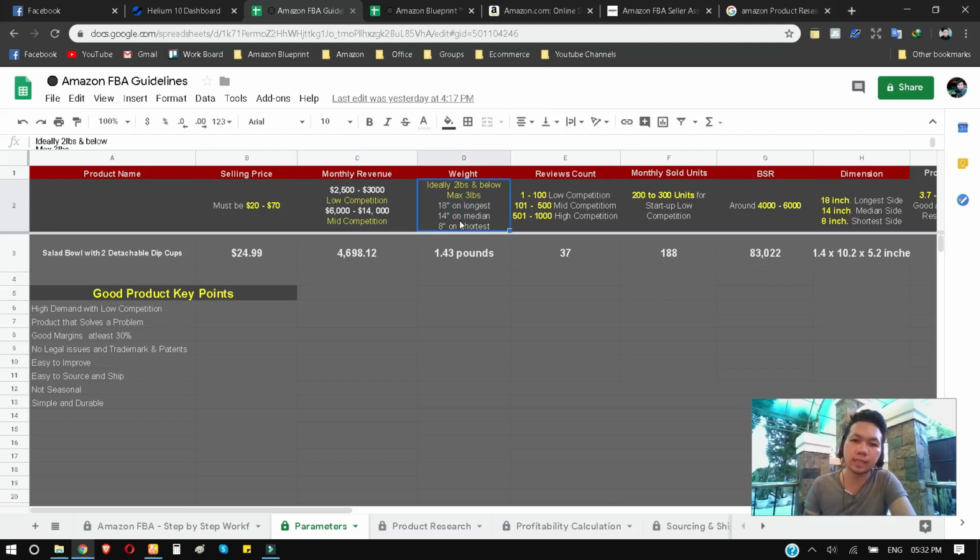Now, the weight is ideally 2 pounds and below, or max na ang 3 pounds. The main reason is the more na mas mabigat yung item mo, the more na mas malaki yung mababayaran mo sa bodega ng Amazon. Kasi ginagawa ng mga Amazon FBA sellers, umu-order sila ng item sa mga manufacturer from China.